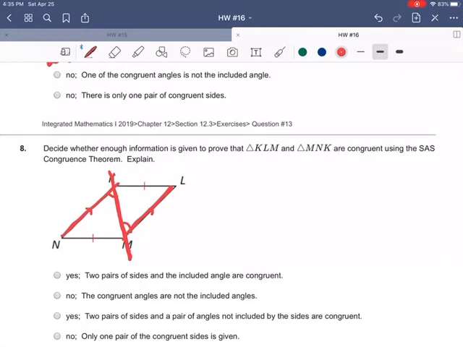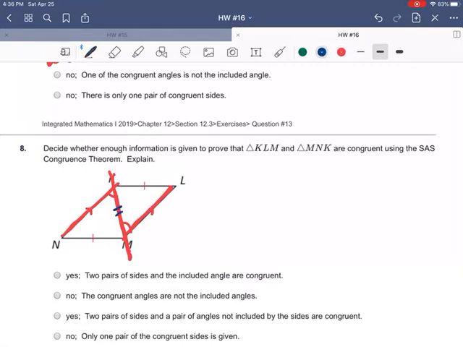I'm doing this one with you because I know there's a lot of new stuff in this homework. So it's okay if you don't understand all of it. That's fine. We're just letting you see it right now. We'll teach it more next year.